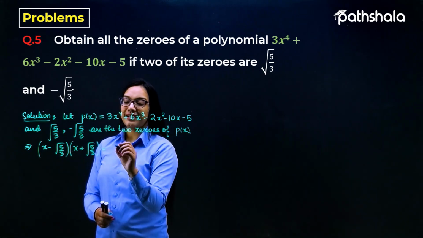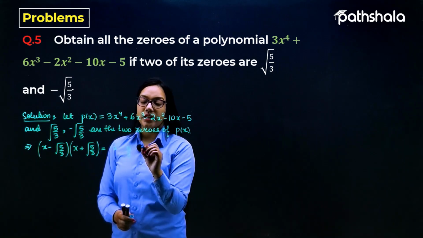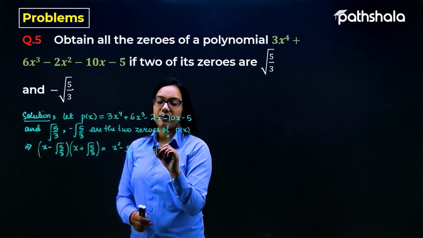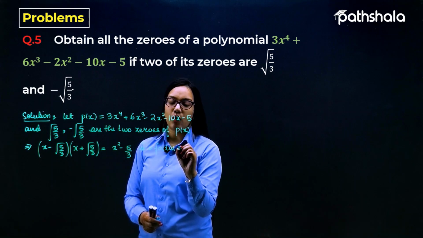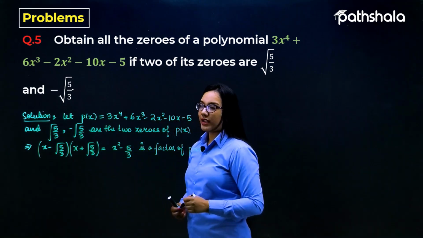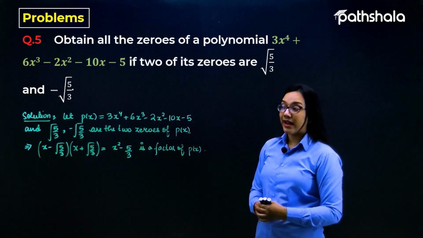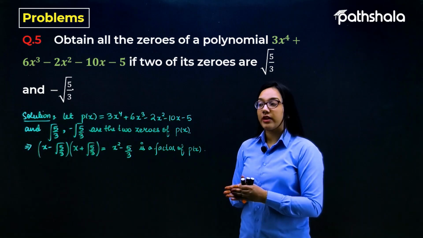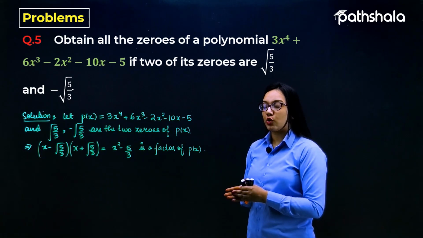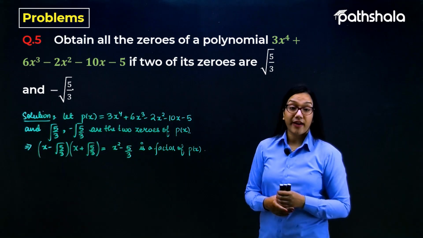So we can represent it as x square minus 5 by 3, which is definitely a factor of the polynomial p of x. If these two are the zeros of p of x, then x minus root 5 by 3 and x plus root 5 by 3, that is x square minus 5 by 3, is a factor of p of x.